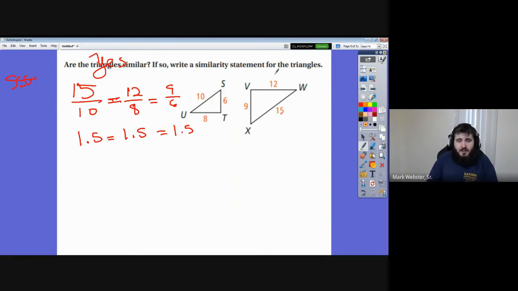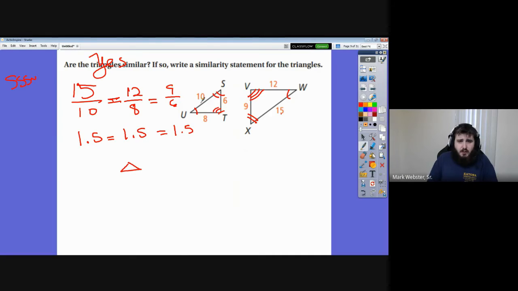And so we're going to write a similarity statement. So, what goes with what? What helps me is, now that I know that they're similar, put the angle stuff in. So in between the two big ones, in between the big one and the small one, in between the two medium-sized ones, just take some time to mark it up so that you know that you did it right.